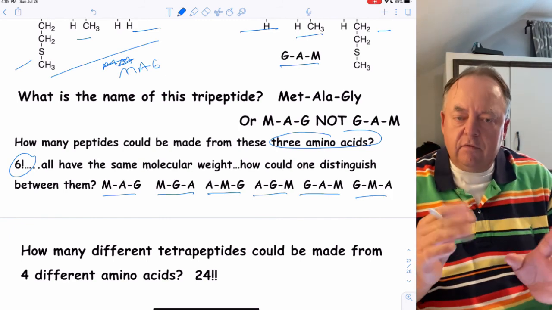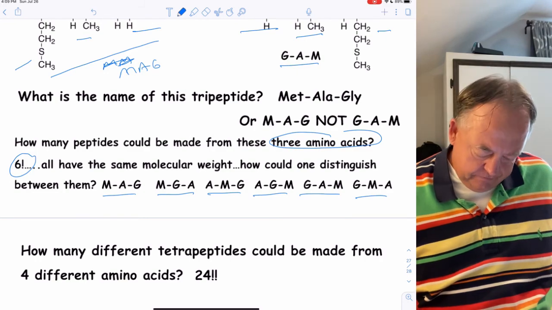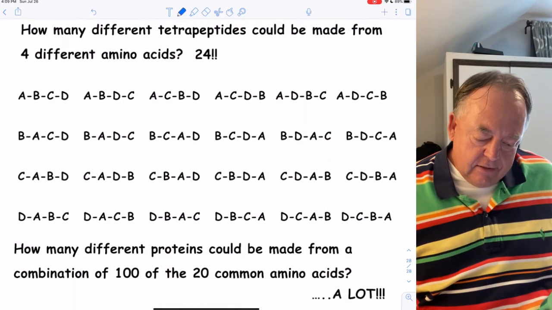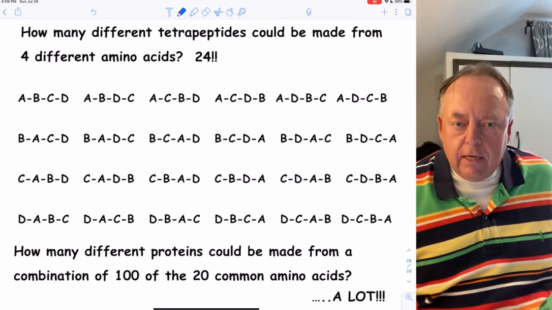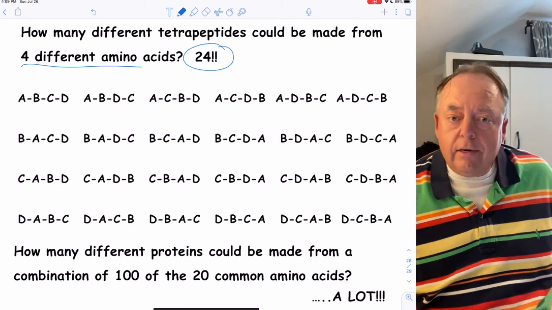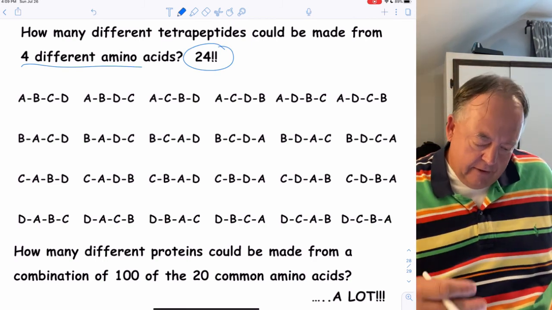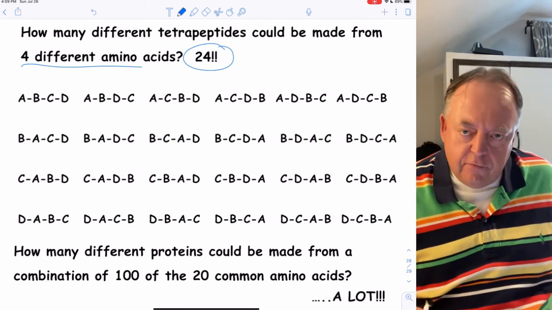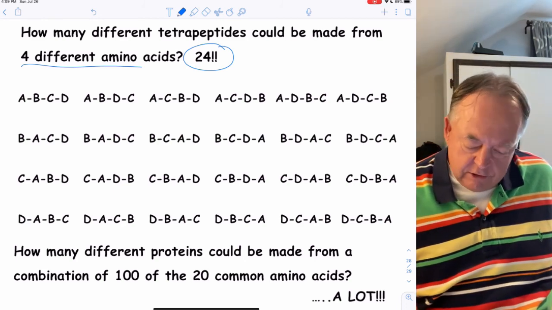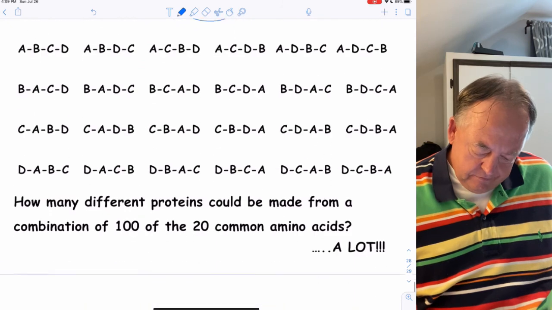Any sequence of those 3 different amino acids. Okay, if you had 4 amino acids, how many different tetrapeptides could you make? And the answer is a lot. You can make 24. If you just took A, B, C, D, for example, how many ways can you rearrange those letters? You could rearrange them 24 different ways.